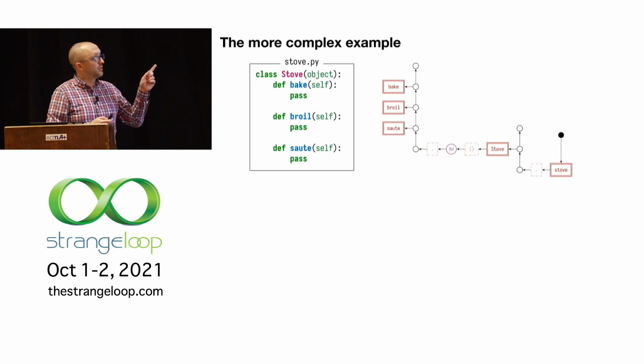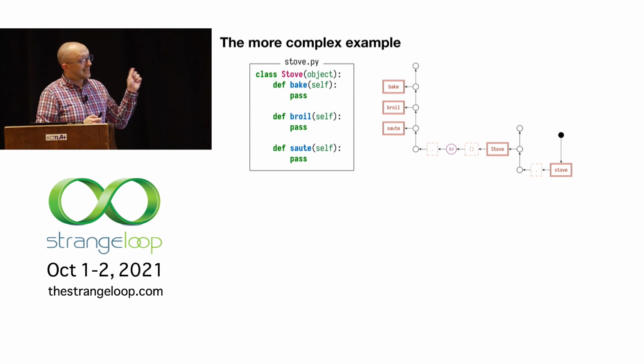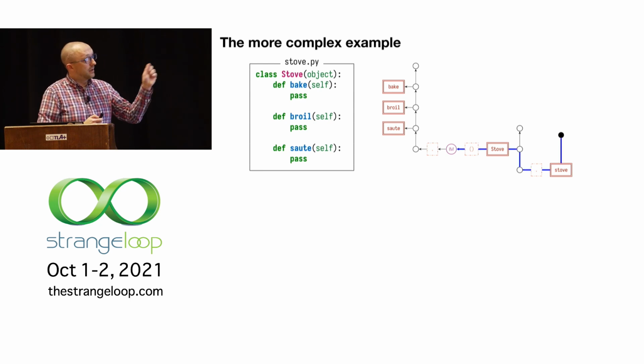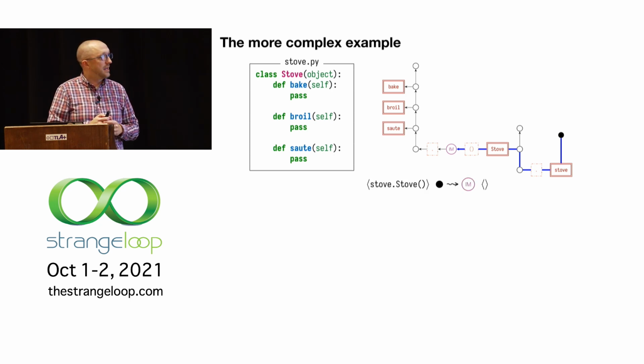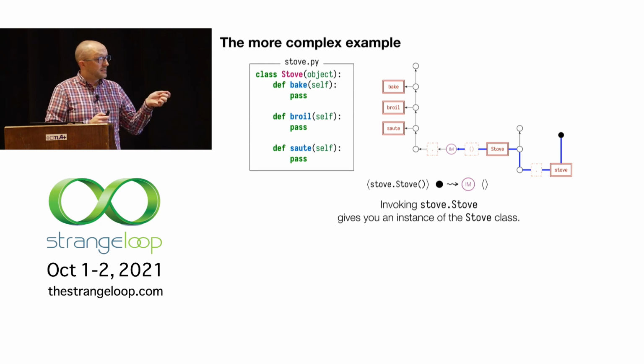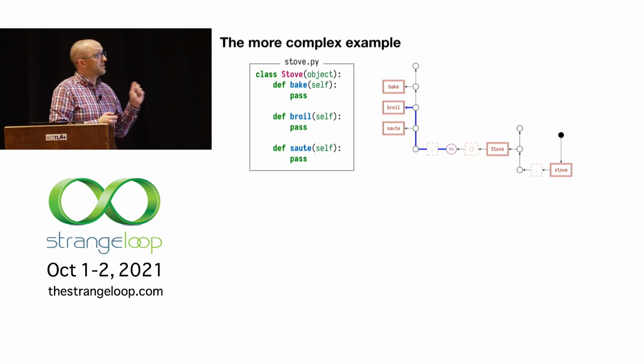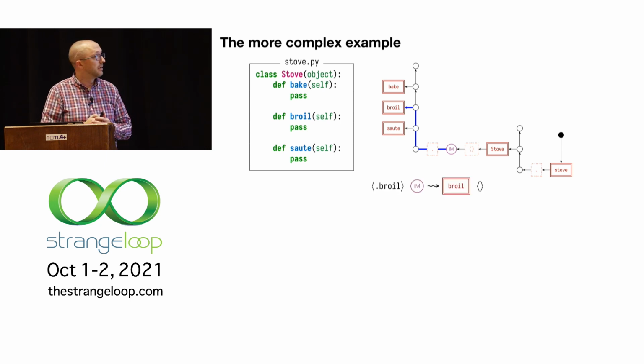Okay, let's do it with a more complex example. Again, we're going to look for partial paths. In this case, we have one that starts at the root node and goes to the instance member node. It has these pop nodes as well, so we have a precondition. This corresponds with the fact that invoking stove.stove gives you an instance of the stove class. There's another partial path in this file that starts at the instance member node and goes to the broil definition.